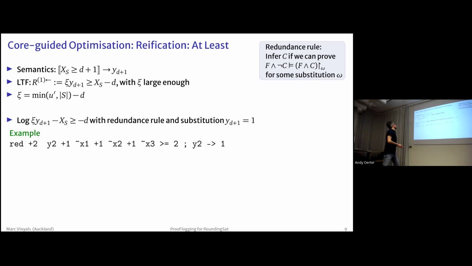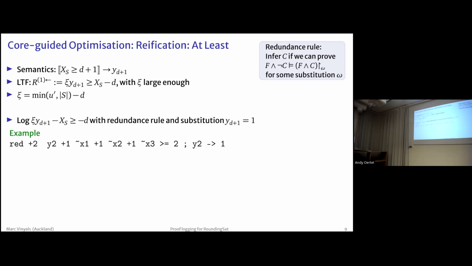What we do is we're going to log this constraint using this redundance rule that Dieter talked us about. So this redundance rule, what does it do? Well, we can infer a new constraint if we can prove that our original set of constraints and the negation of that constraint implies our constraints and the new constraint, but after applying some substitution.